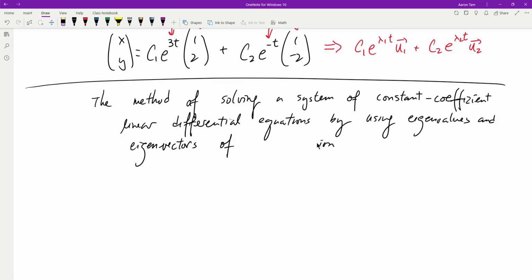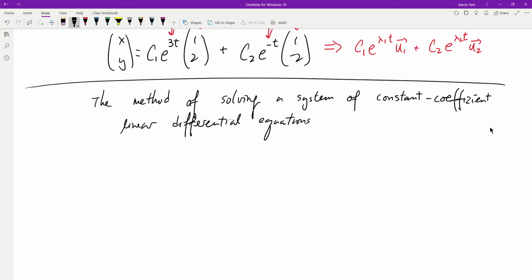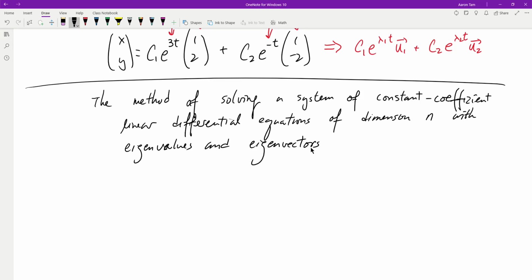Oh, actually, maybe I'll write it this way. Sorry, I probably should mention the dimension before I say using eigenvalue, eigenvector. So the method of solving a system of constant coefficient linear differential equations of dimension n with eigenvalue and eigenvector can be summarized as follows.